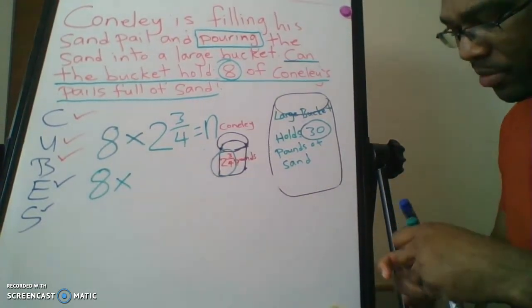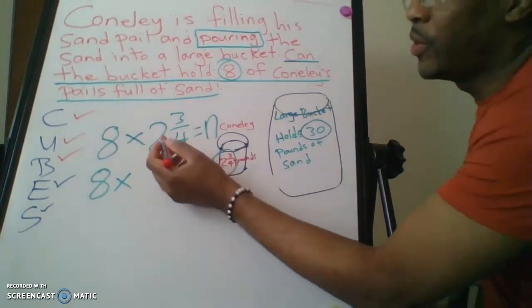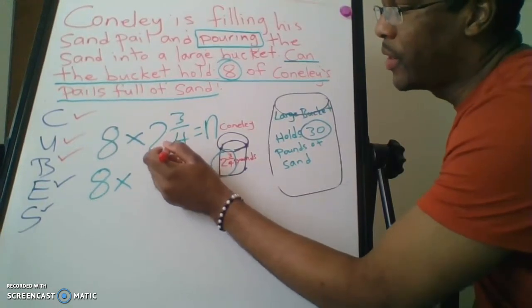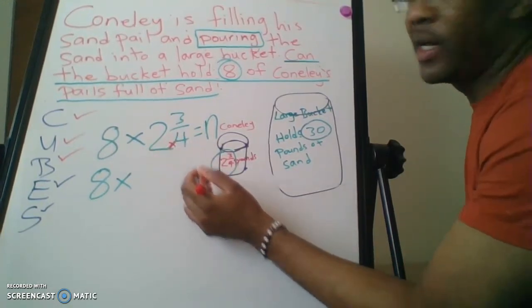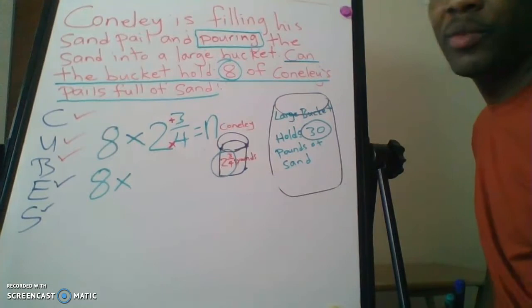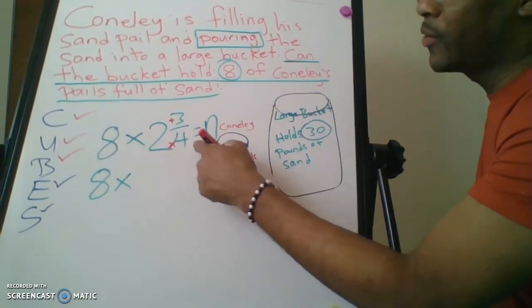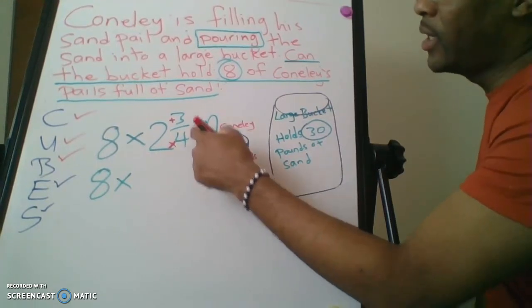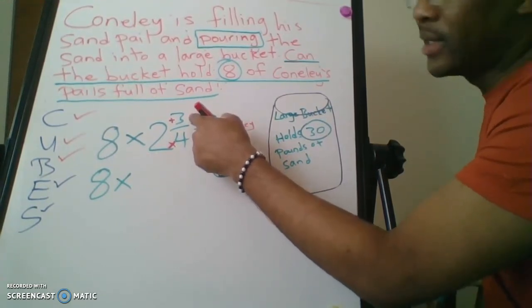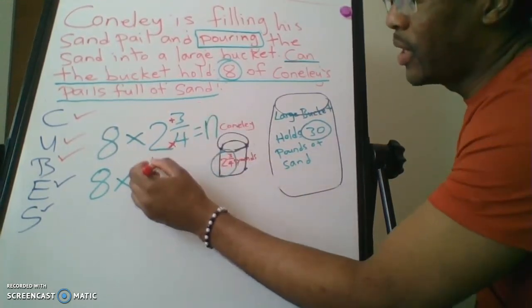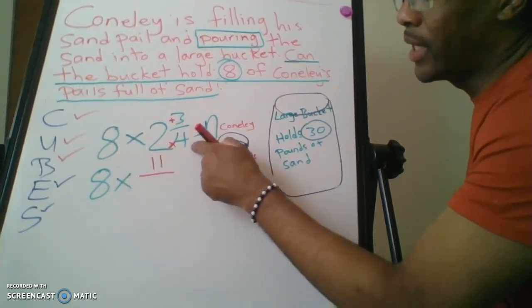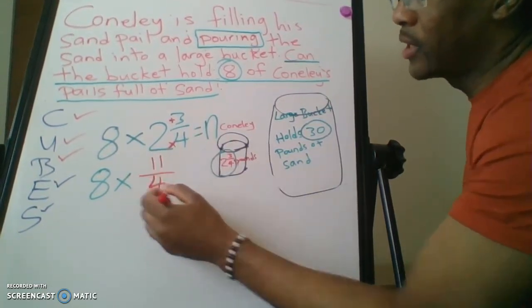To change a mixed number into an improper fraction, we multiply the whole number by the denominator and then we add the numerator. And we keep the denominator the same. So 2 times 4 is 8. 8 plus 3 is 11. So we are going to have 11 over, and I keep the denominator as 4.